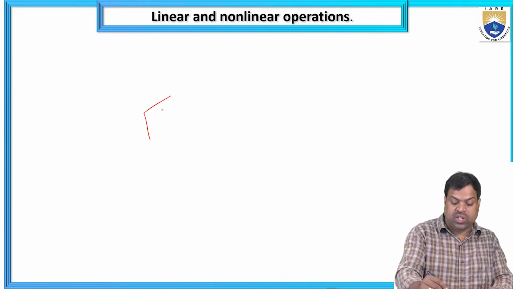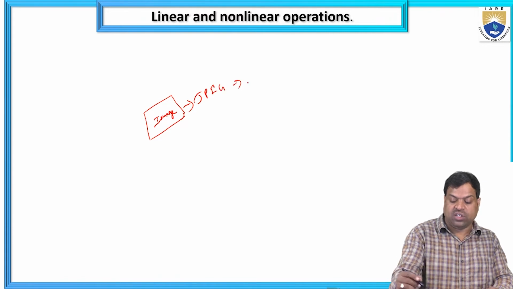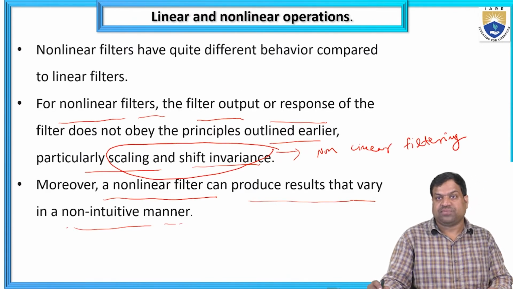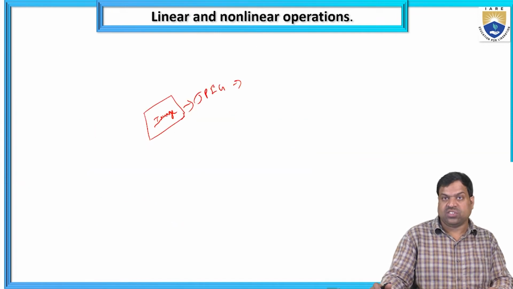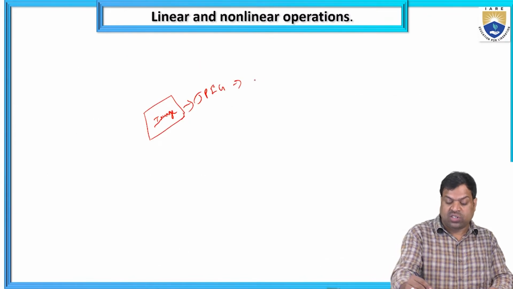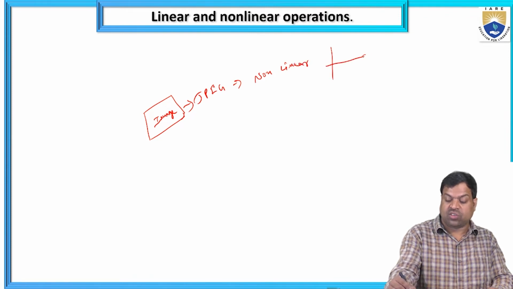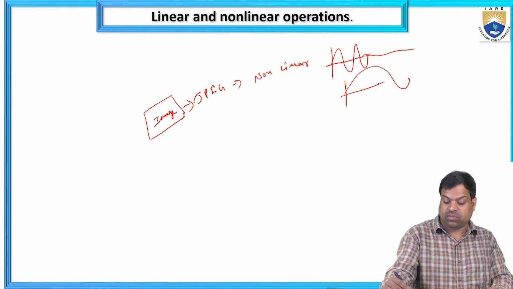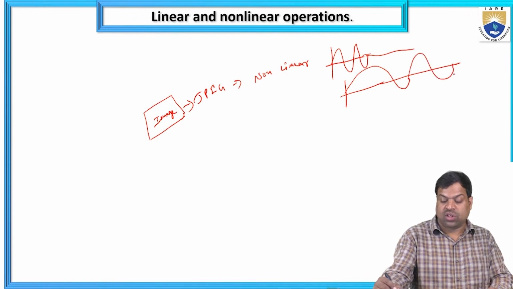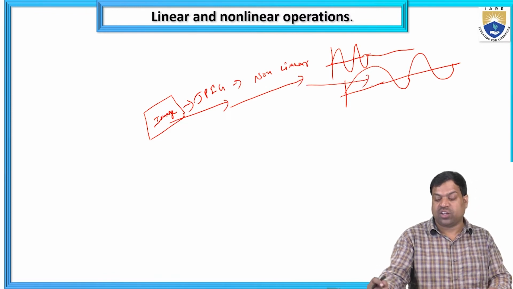So when the image is in JPEG format, I am calling it non-linear, in the form of a non-linear curve.